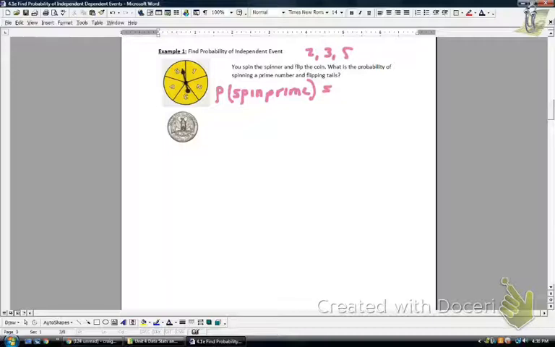So the probability of spinning a prime number, my favorable outcomes are 3, and then my total outcomes are 5. And then the probability of flipping tails for my second event is 1 favorable outcome out of 2 totals.